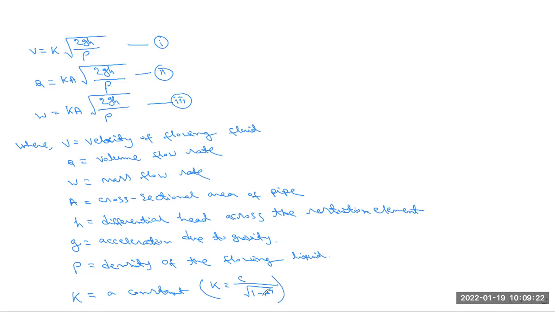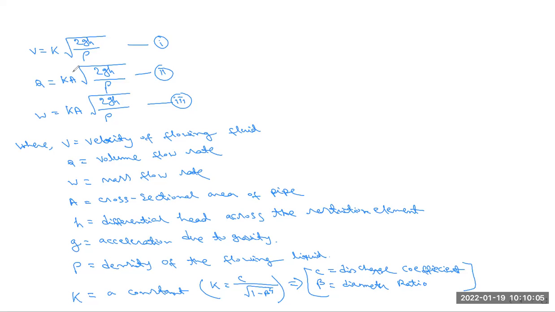So please remember these things also, where C is the discharge coefficient and beta is the diameter ratio. You have to explain in detail.